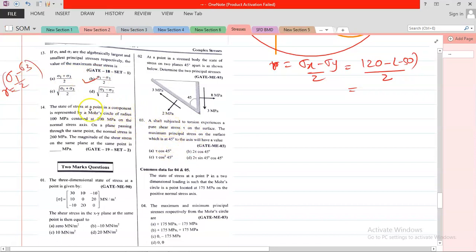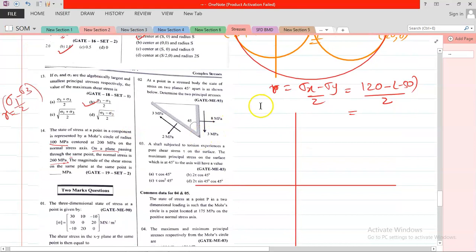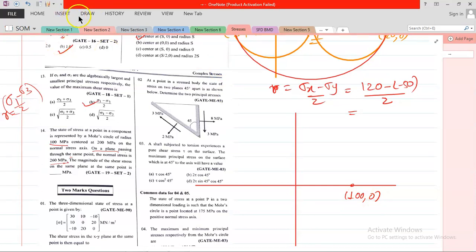The stress at a point in a component is represented by a Mohr circle centered at 200 megapascal on the normal stress axis, and its radius is given as 100 megapascal. On a plane passing through the point, the normal stress is 260 megapascal, and we need to find the shear stress. Let me draw what the question is saying. Suppose you have a Mohr circle centered at 100, 0 megapascal, and its radius is 200 megapascal.